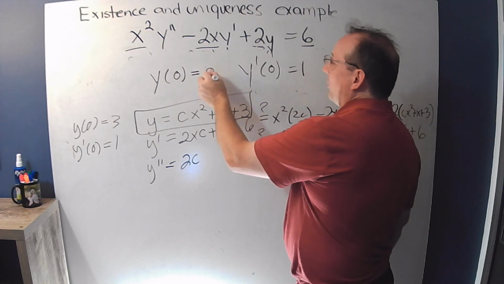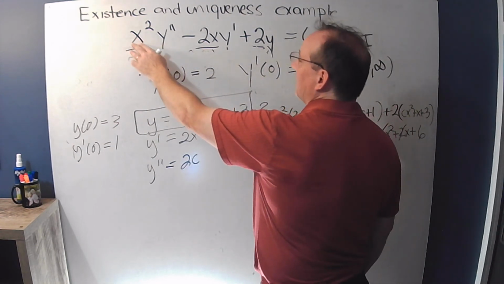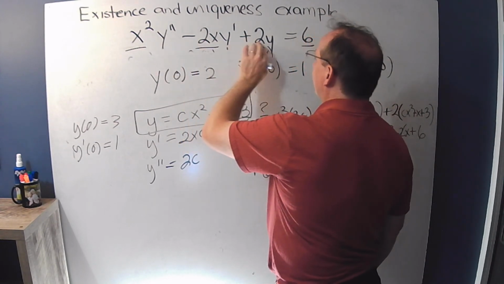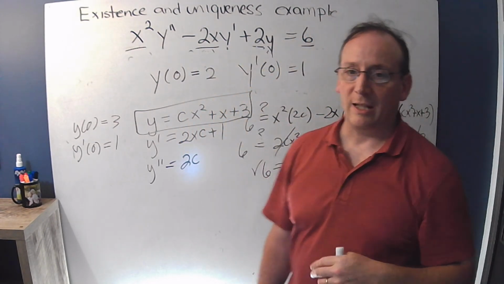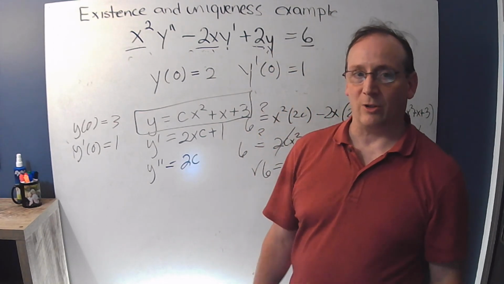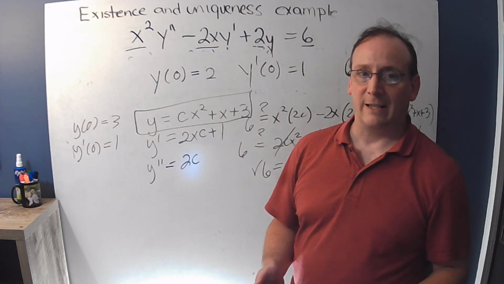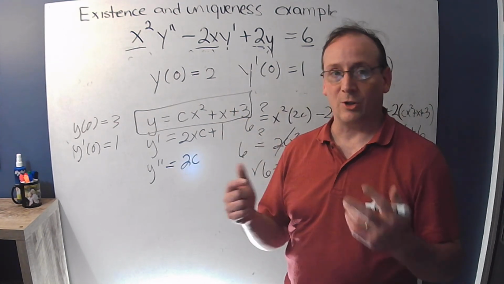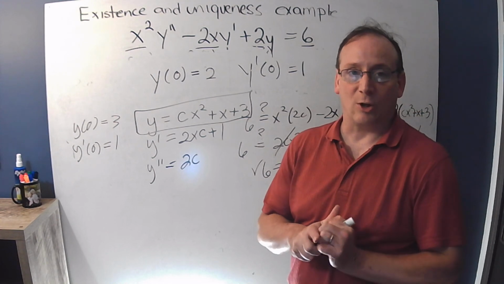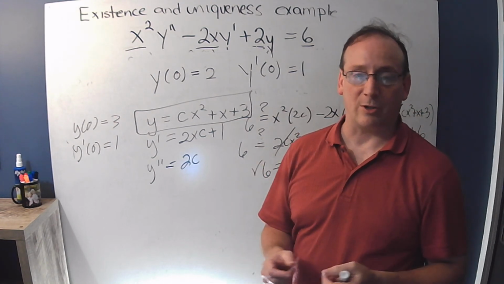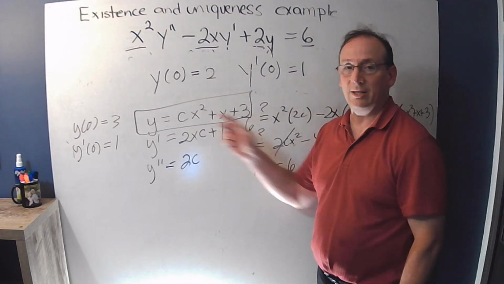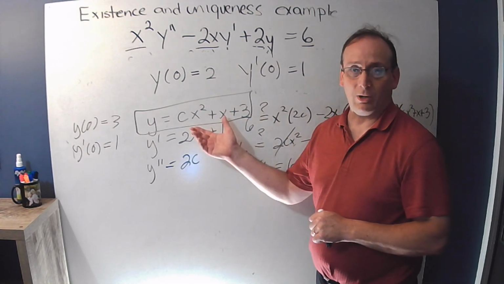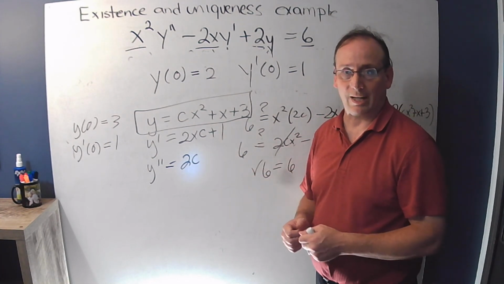So if you violate this being 0 in your interval, or if for some reason these are not continuous at your value in an interval around that value, then you run the risk of having either an infinite number of solutions or no solution. And so in the next video, we'll look at some principles that will allow us to put solutions together.